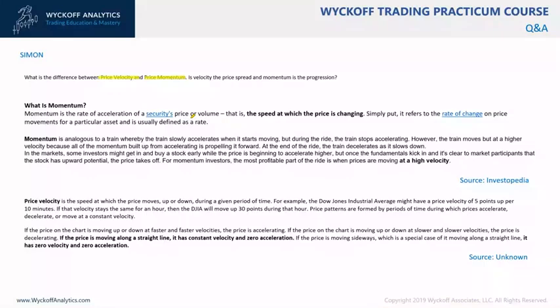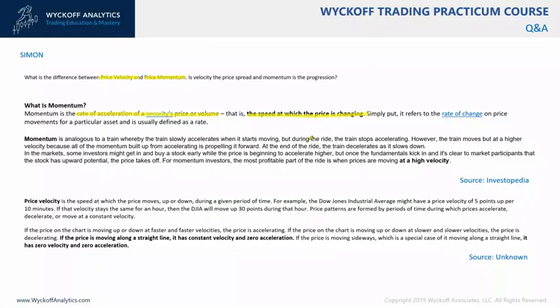From different sources on momentum and price velocity: momentum is the rate of acceleration of a security's price or volume. There is a momentum with which volume can accelerate as well. That is the speed at which the price is changing. And I think this is where the confusion comes.